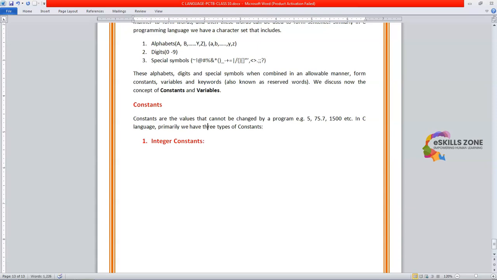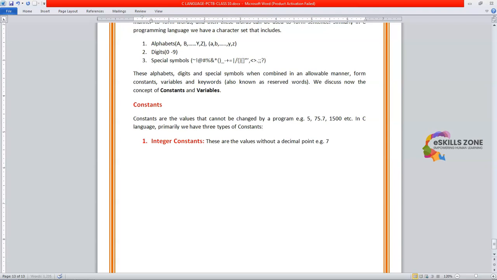These are the values without a decimal point.